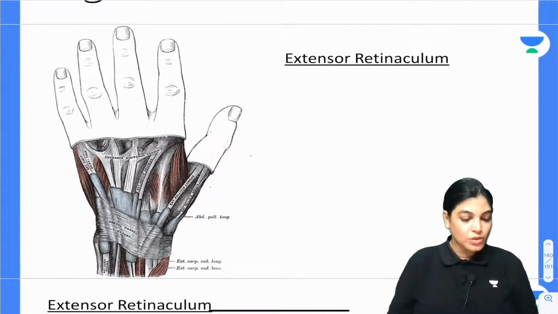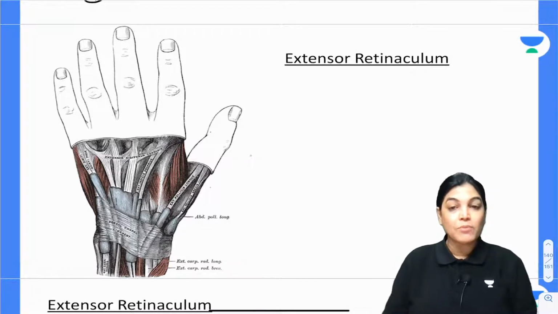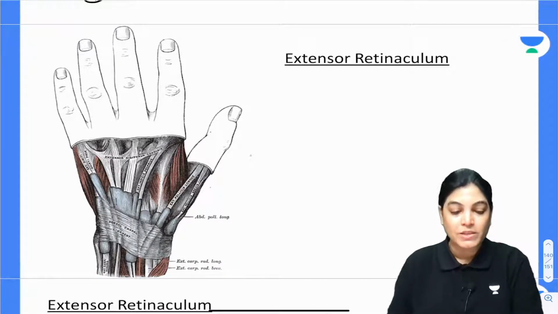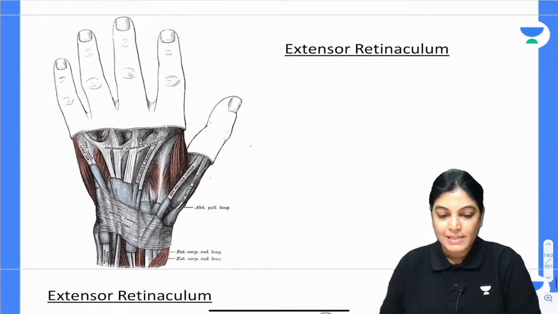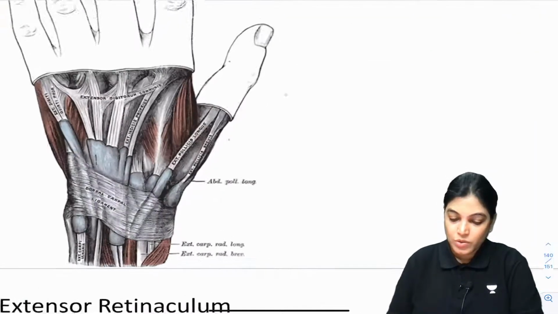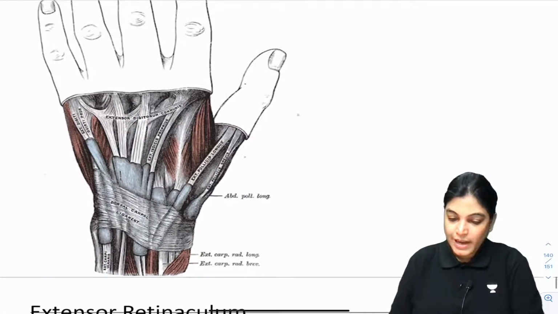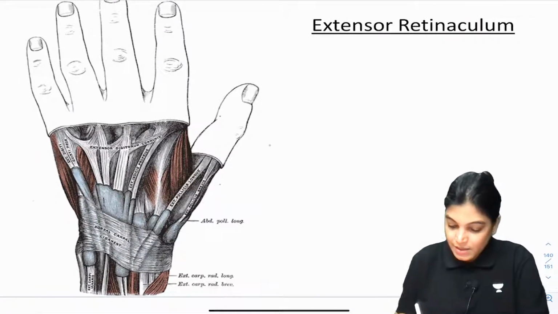I also want to tell about extensor retinaculum. In the same way as we studied flexor retinaculum, on the dorsum aspect it is a deep fascia on the back of the wrist, called extensor retinaculum, approximately 2 centimeter broad. This is the dorsal view, and it is also called dorsal carpal ligament.